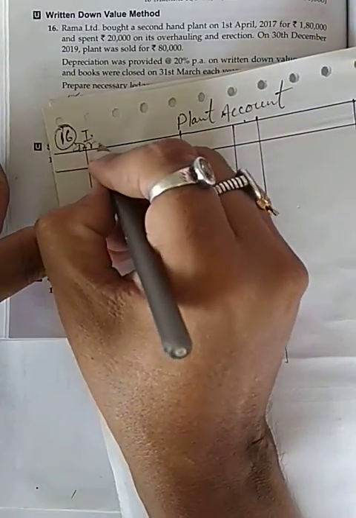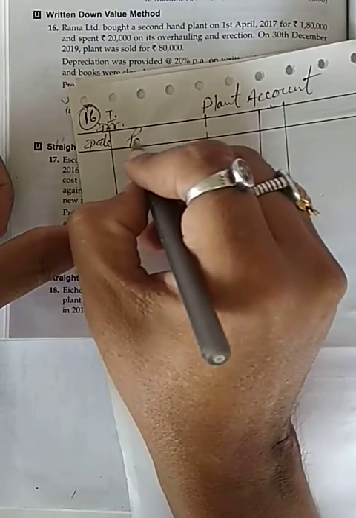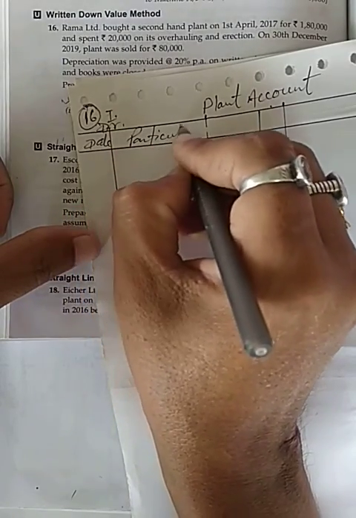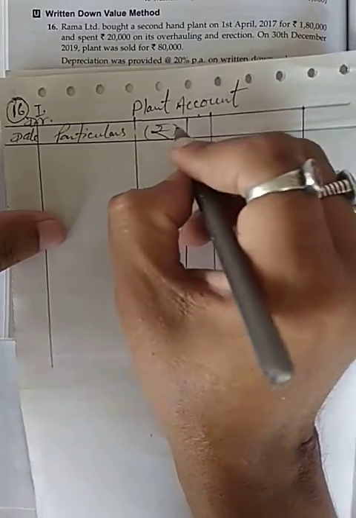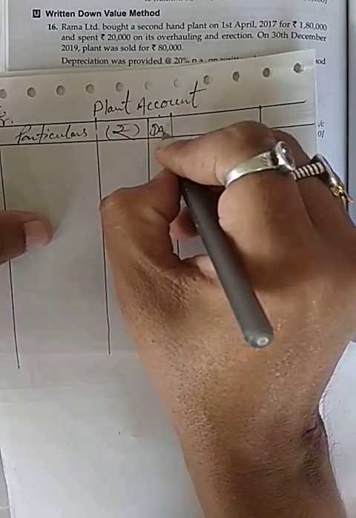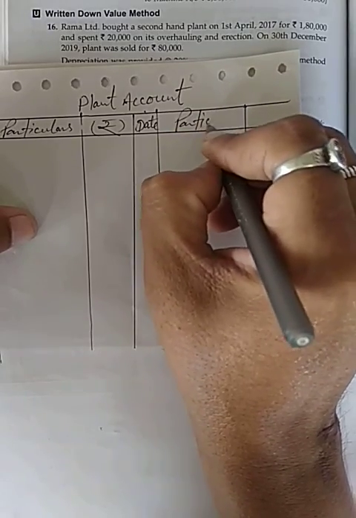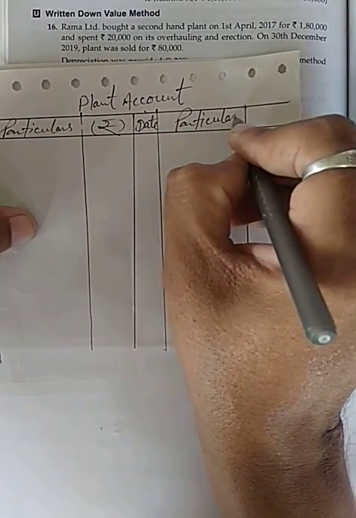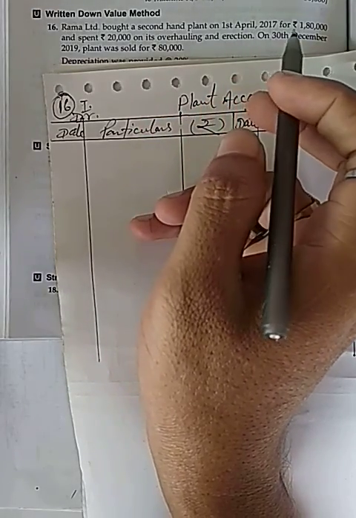This is the DR side: date, particulars, rupees, and the date, particulars, rupees on the CR side.